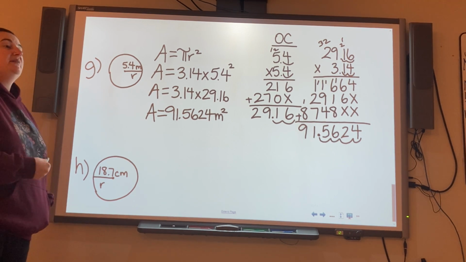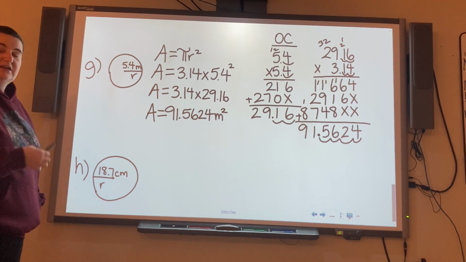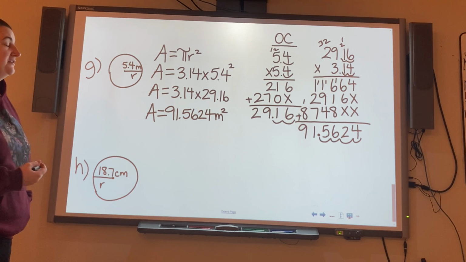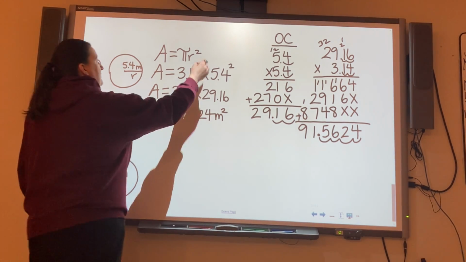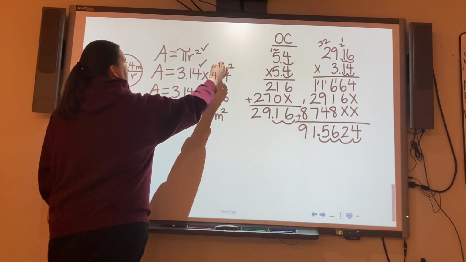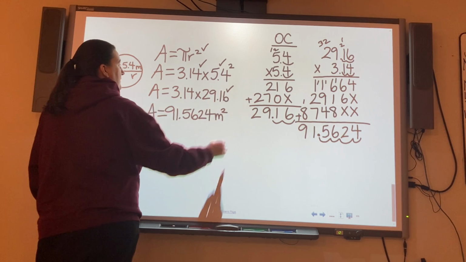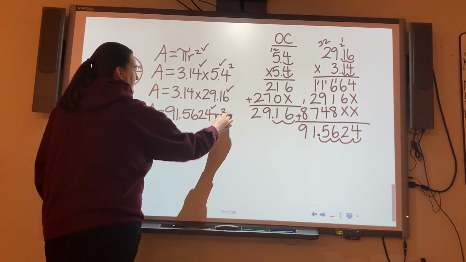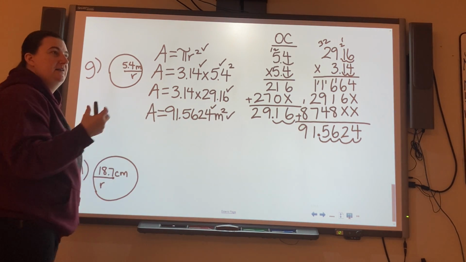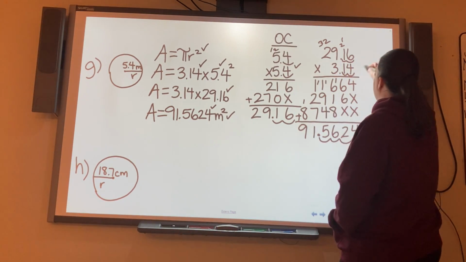But remember, on your quizzes, you get marks for each part of this. So think about it. You get a mark for writing the right formula. You get a mark for replacing the right things in the formula. You get a mark for getting the right answer, for putting the right unit of measurement, for all your outside calculations.